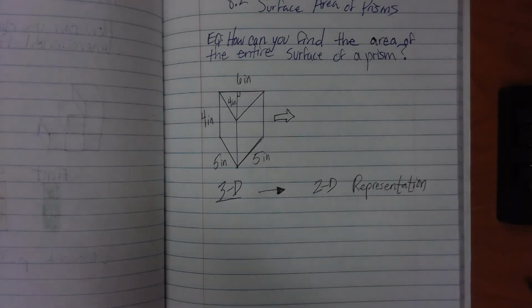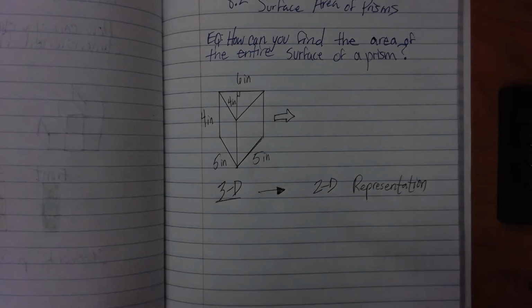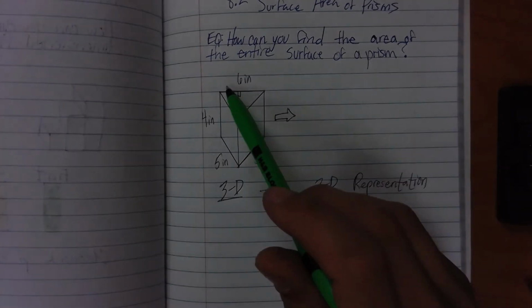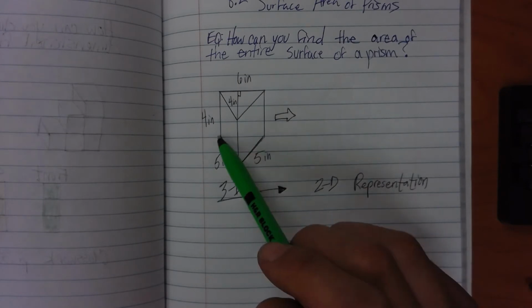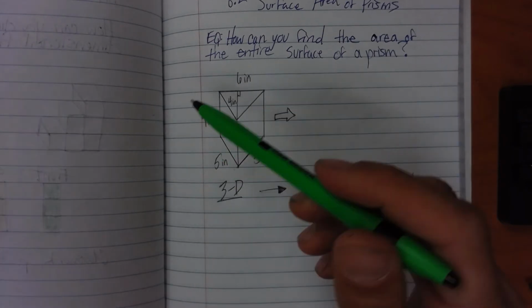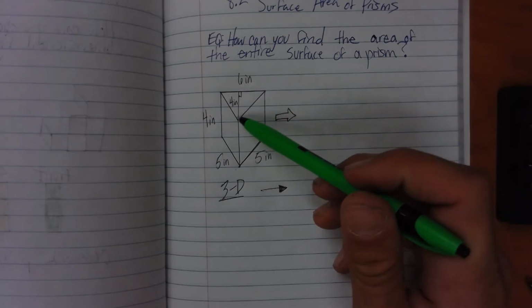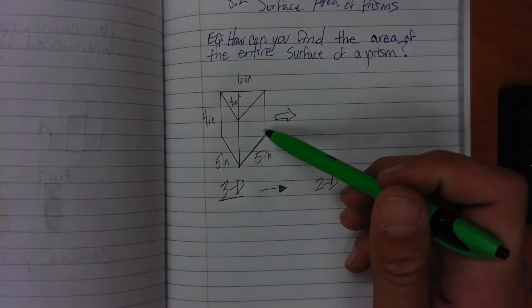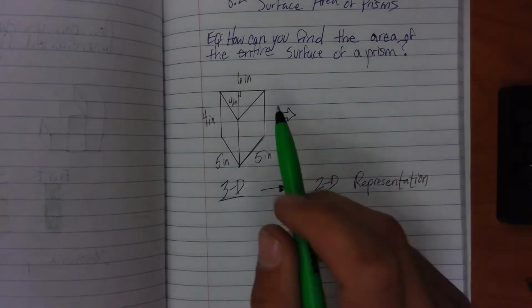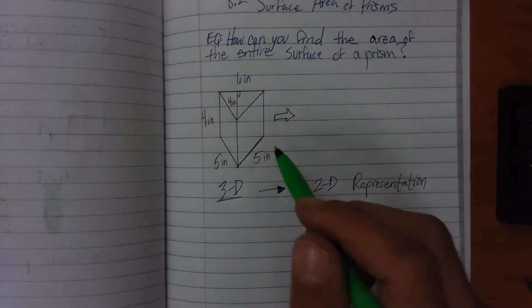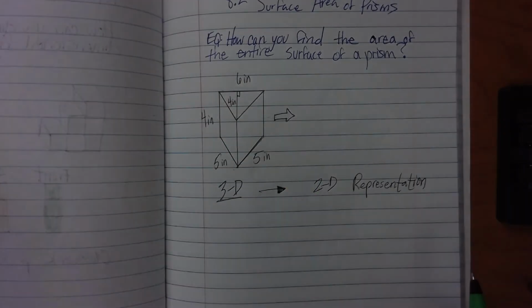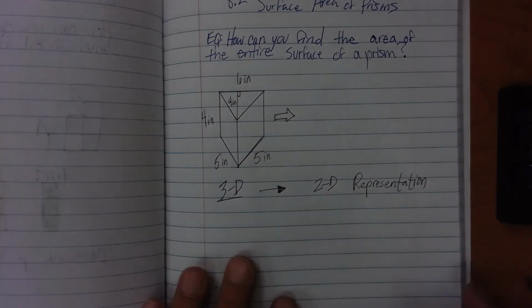We're going to unfold it. We're going to imagine that we're unfolding it. So first in your mind, you have to think about, you have a triangle on top here, so that means you have another triangle on the bottom. And you have a face for every side. So here's a face, and then there's a face in the back we can't see. So there's a total of 5 faces.